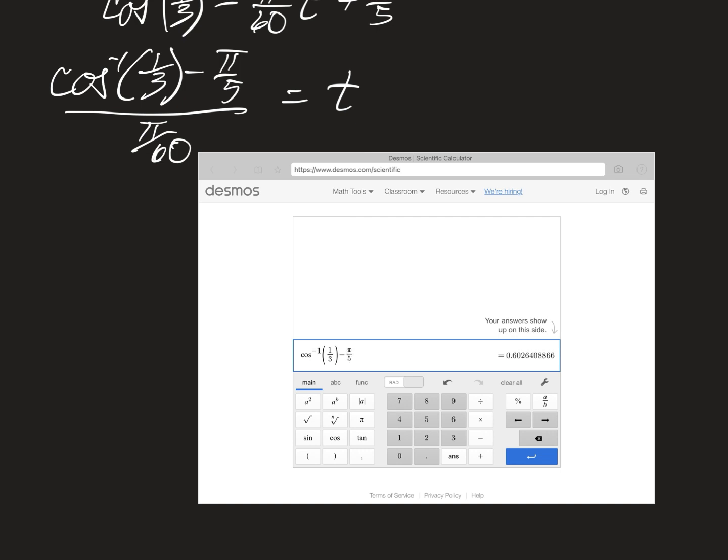Now, that's the numerator, okay? And this is what I'll do sometimes to shorten it. Notice I don't round this off at all. Now I'm going to divide my answer by pi divided by 60. Okay? And there's my answer. So that's now 11.5.